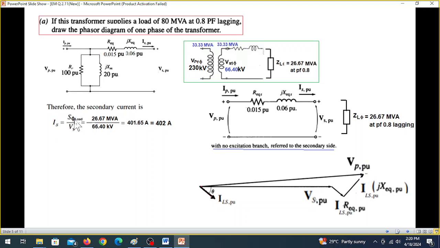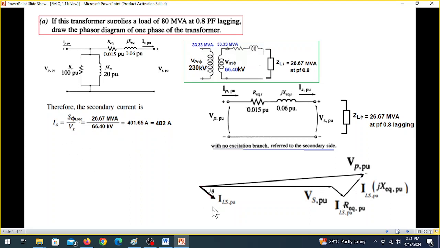IS is load, this load 26.7 MVA, and VS is 66.4 kV. This voltage is also here, 66.4 kV. So IS will be 402 ampere.